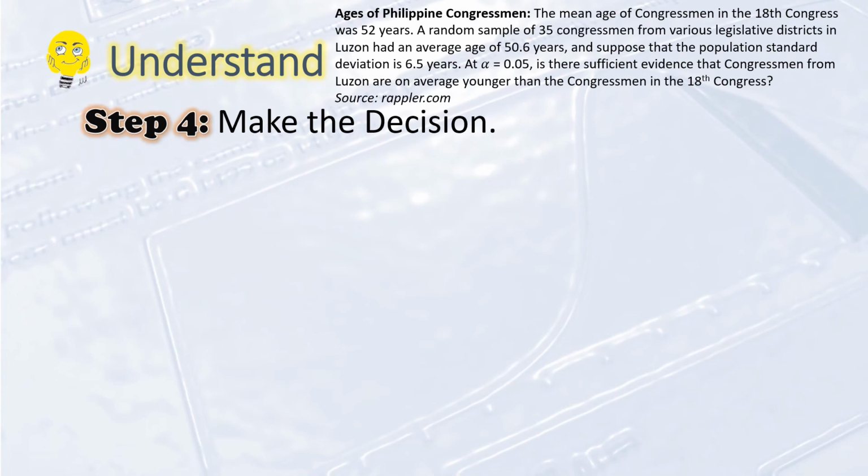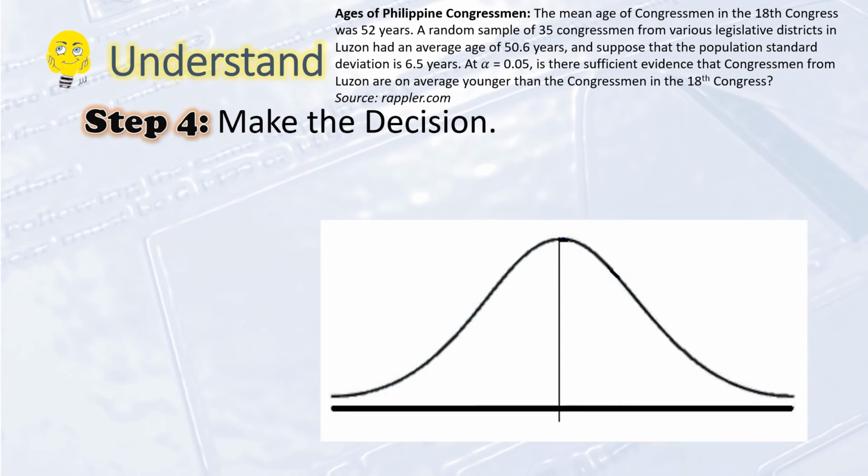Step number 4, we are to make the decision. From step number 2, we have the critical value as negative 1.65. The area to the left of this critical value is 0.05, that is our alpha, and to the right is 0.9500.